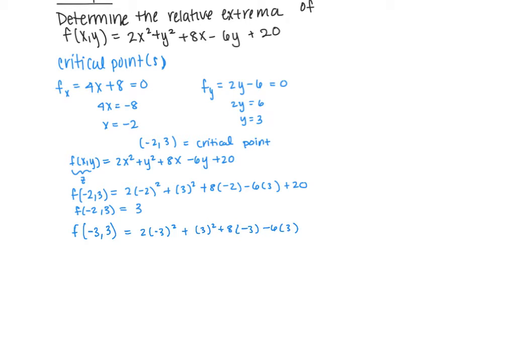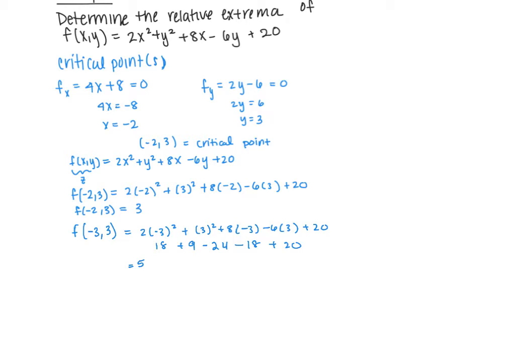So we've got 18 plus 9 minus 24, forgot the plus 20, minus 18 plus 20. And we can do a little bit of mental math. 27 minus 24 is 3. 3 minus 18 is negative 15. Negative 15 plus 20 is 5. So that's bigger than 3.